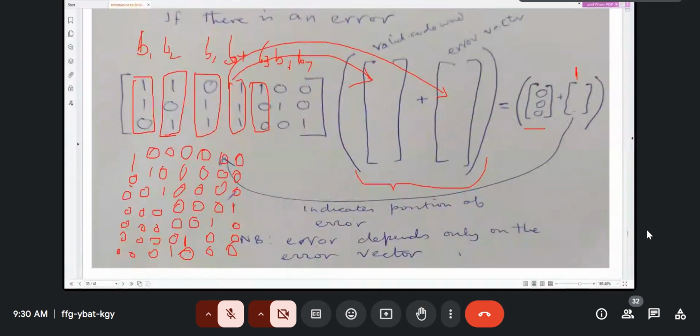But it is limited to correcting only 1 bit errors. It can only correct when 1 bit is in error, or detect when 2 bits are in error.